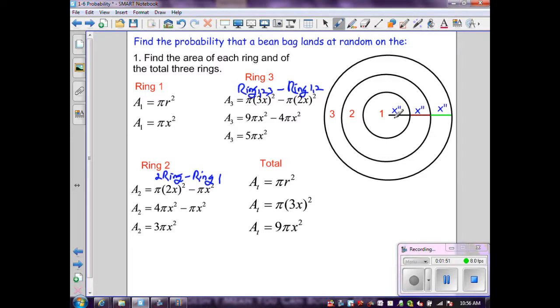And the radius for ring 1 and 2 is going to be x plus x, which is 2x. When I simplify, that's going to give me 9 pi x squared minus 4 pi x squared, which is 5 pi x squared. And of course, the area of the total, using the radius of each ring, which is x plus x plus x, gives me 3x squared, or 9 pi x squared.